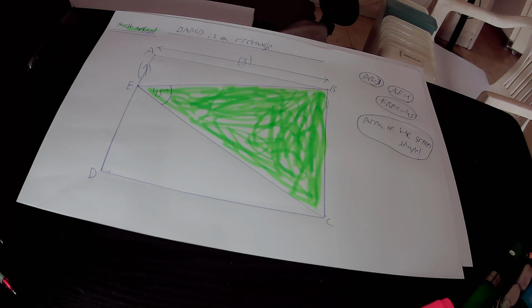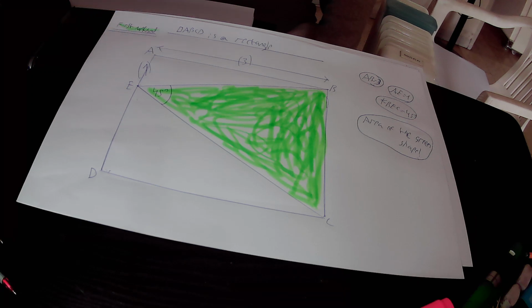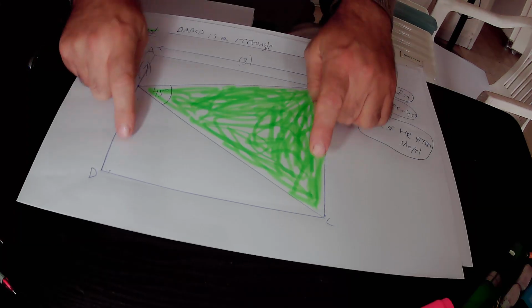Again, our task is to find out the area of this green shape. This is actually the area of this green triangle CEB. Okay, so first of all, quadrilateral ABCD is a rectangle, so all those four angles are right angles.